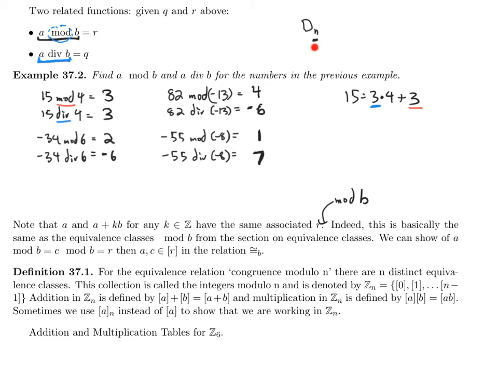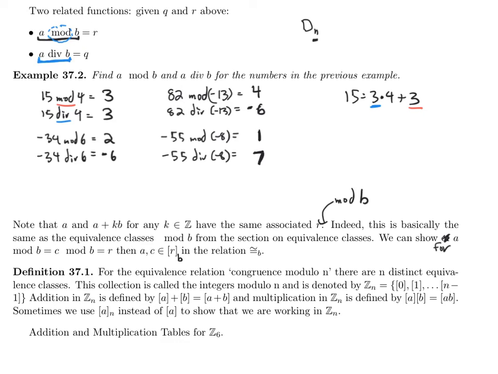And that's what we talked about in the previous video with that dn equivalence relation. So we can show, for when a mod b equals c mod b, which equals that remainder r, then a and c belong in the same equivalence class when dividing by b.